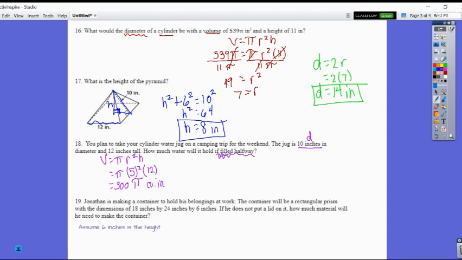But like I said, we're only filling it halfway. I don't know why we're filling it halfway, but that's what the question asks us to think about. So I want half of the volume. So we're going to do half of the 300 pi. This is putting us at 150 pi cubic inches.